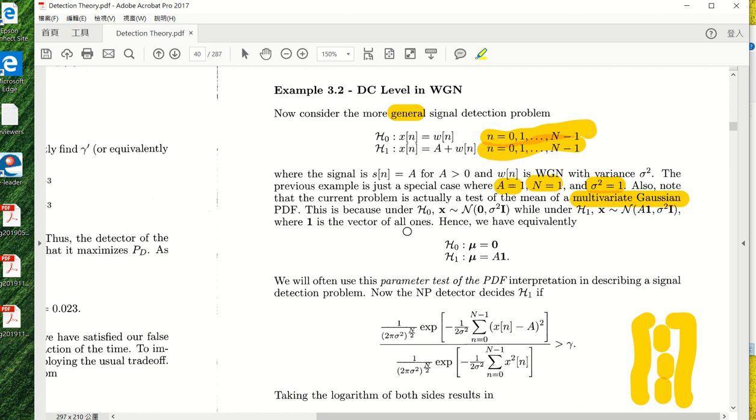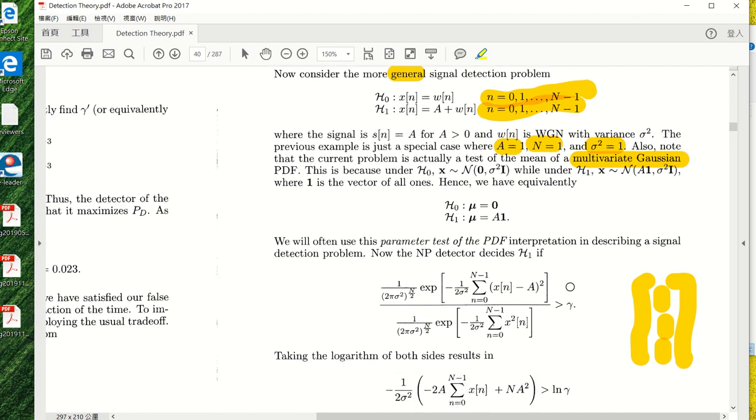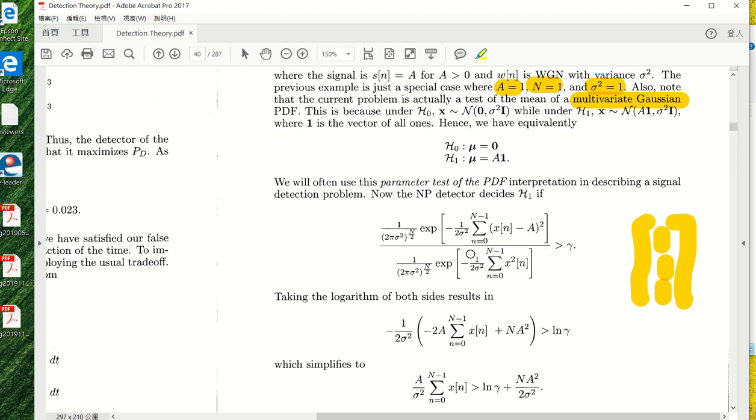It's a column vector, in fact, a column vector. Hence, we have equivalently H0: mu equal to 0, H1: mu equal to A1. We'll often use this parameter test of the PDF interpretation in describing the signal detection problem.